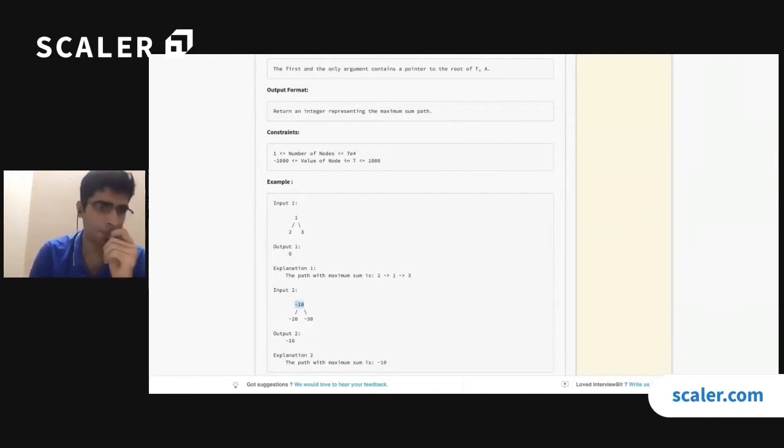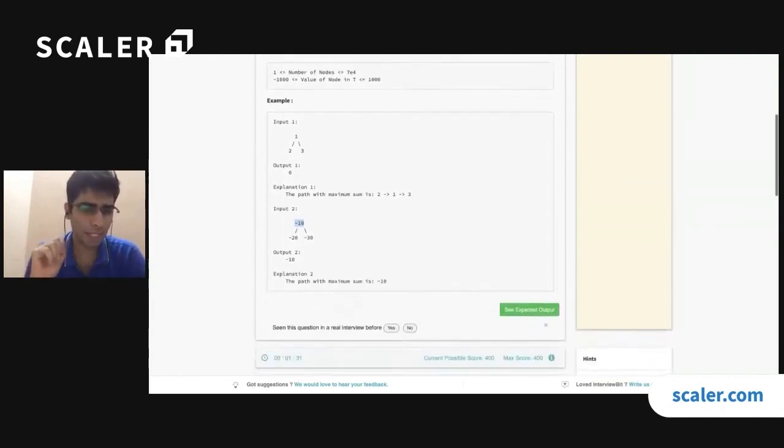Now let us see, can we include a particular node in the path? How can we know what the weight of the path will be if we include that node? If we include this node in the path, that means I will have a path from the left side that will join it and a path from the right side that will join it.